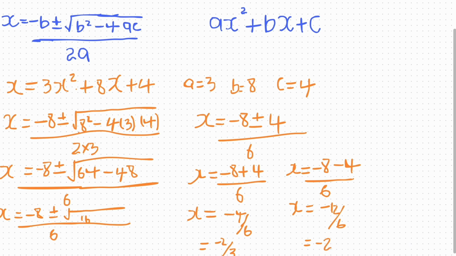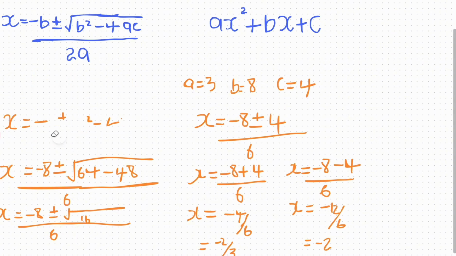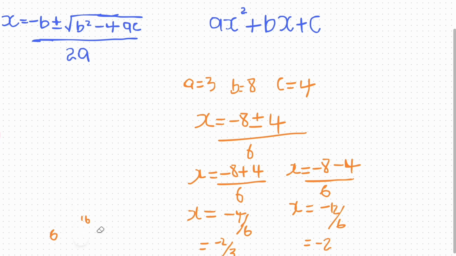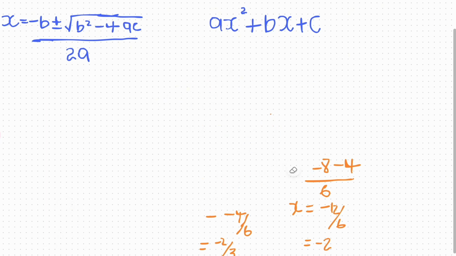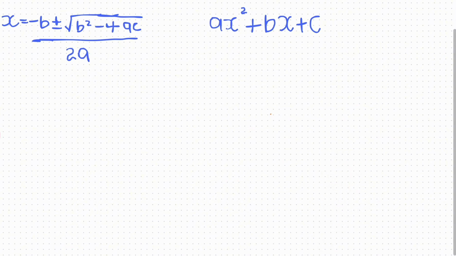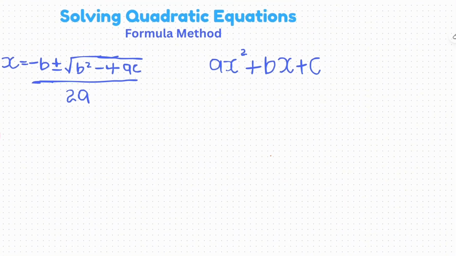For this one, I want you guys to pause the video, try it, and then come and check to see if you got the same answer that I got. So what will be used for our other example?